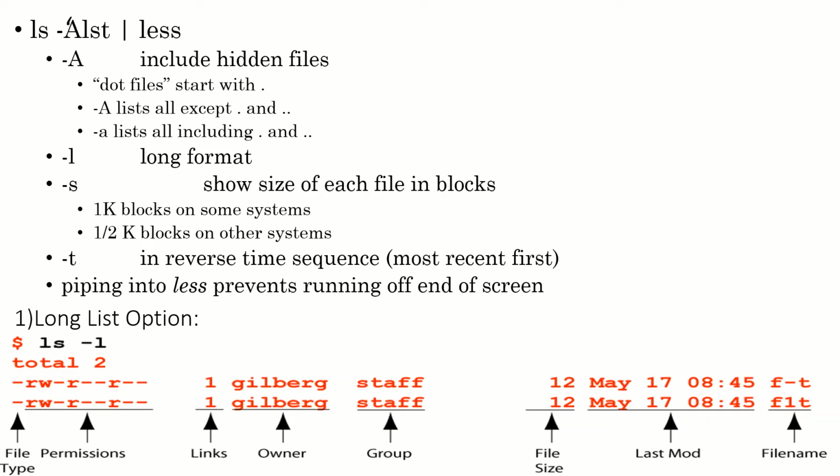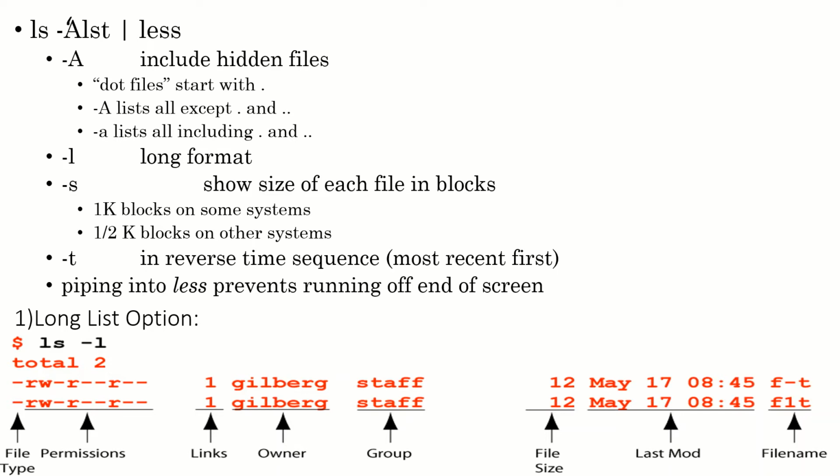If you give ls -l, it is a long format, which we have already discussed. ls -s shows the size of each file in blocks, each file containing one block on some systems, a 1k block on some systems, and a half k block on other systems. -t sorts by time, most recent first, and -r reverses it.